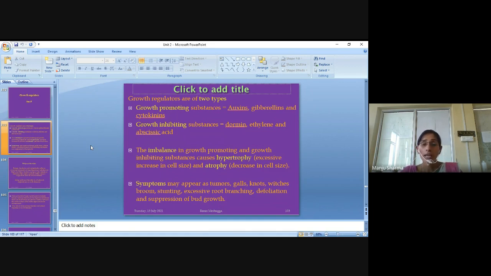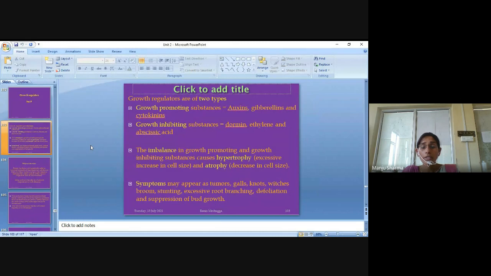The imbalance in growth promoting and growth inhibiting substances causes hypertrophy, an excessive increase in cell size, and atrophy, a decrease in cell size.